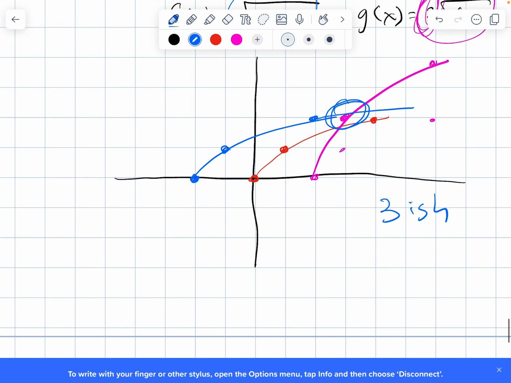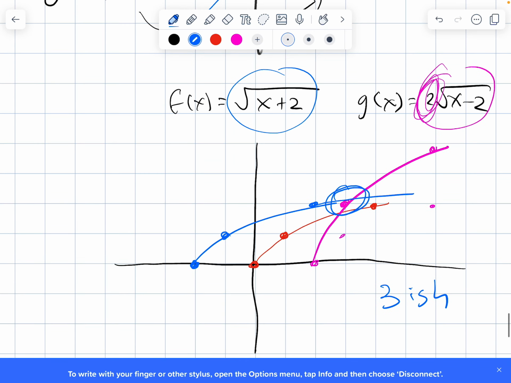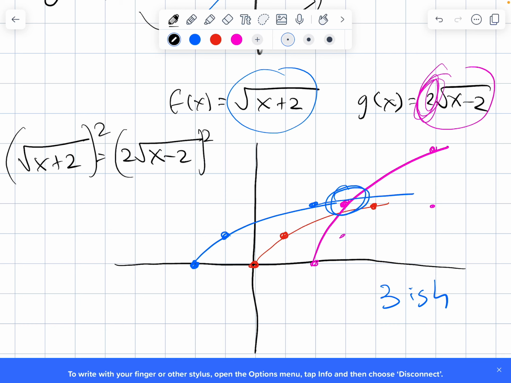All right, so let's do this over here on this side. We've got the square root of x plus 2 is equal to 2 times the square root of x minus 2. We're going to square both of those sides. Now, when we square the left-hand side, the square and the square root symbol cancel each other out, leaving us x plus 2.